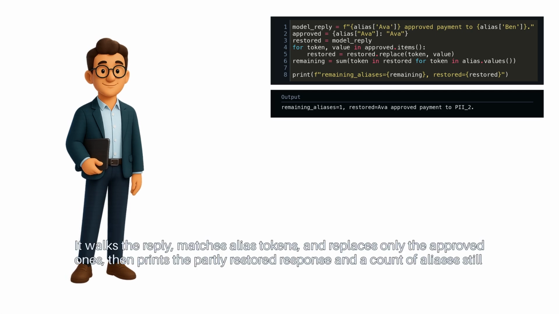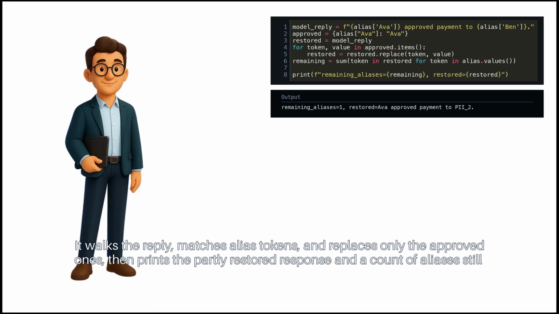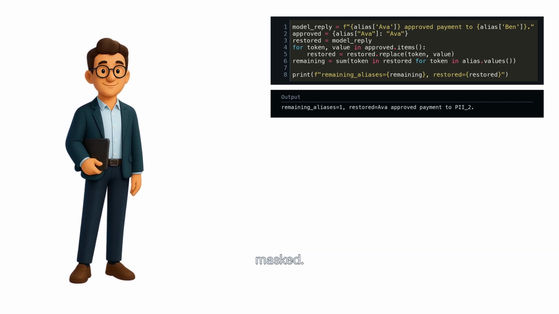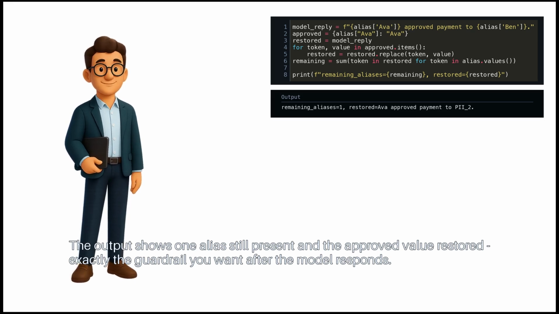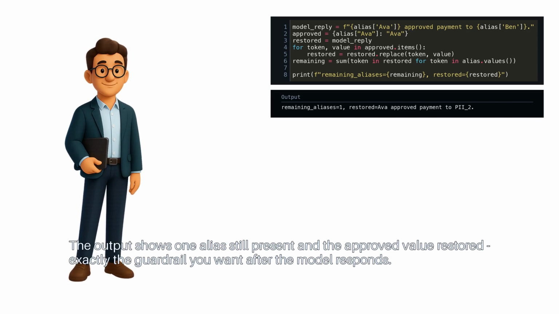It walks the reply, matches alias tokens, and replaces only the approved ones, then prints the partly restored response and a count of aliases still masked. The output shows one alias still present, and the approved value restored. Exactly the guardrail you want after the model responds.